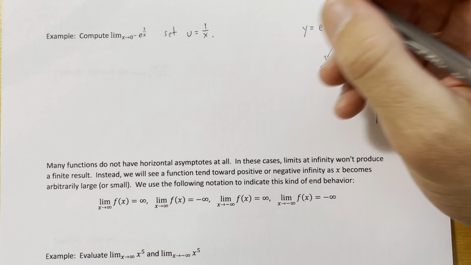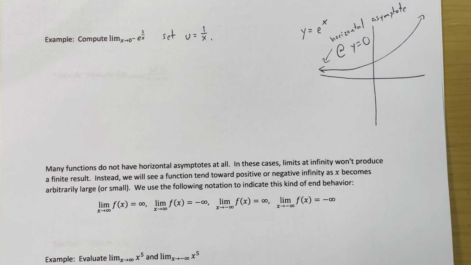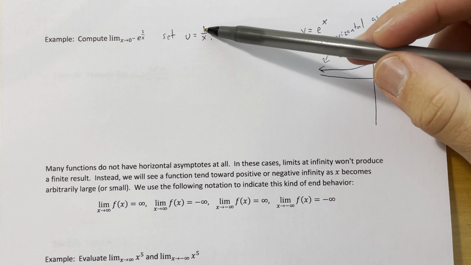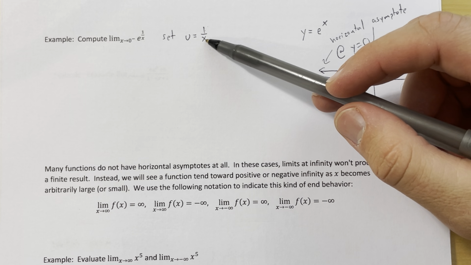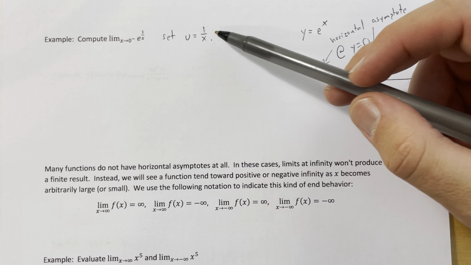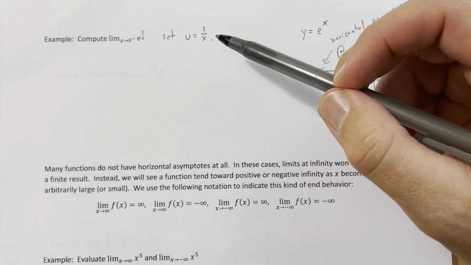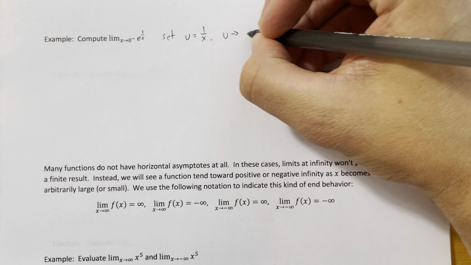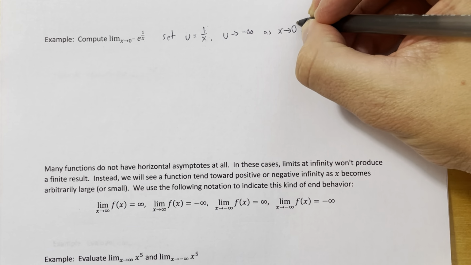And just like the previous example, if my denominator is going towards 0, but my numerator is a constant, then a constant numerator and an ever smaller denominator means that this whole expression is going towards infinity or negative infinity. In this case, it would be negative infinity because we decided that this should be negative down here. So then u is approaching negative infinity as x approaches 0 from the negative side.